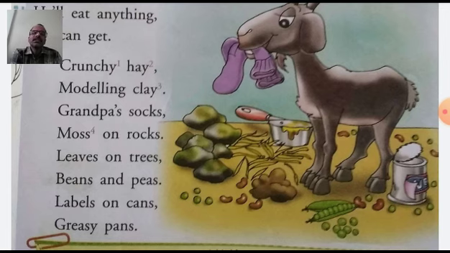But here it is not actually fit to eat. But this very funny goat eats even the clay. During the Ganesha festival, you might have seen Ganesha idols made out of clay. Is that clay fit to eat? No, it's not fit to eat. But this foolish or funny goat eats even the clay.